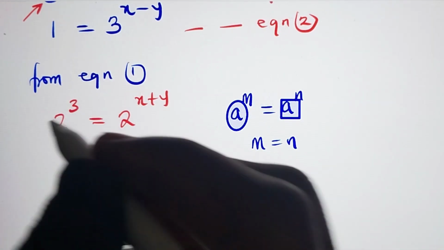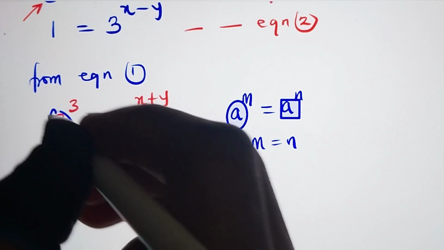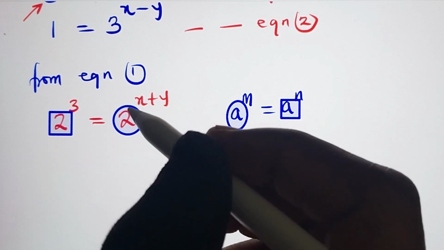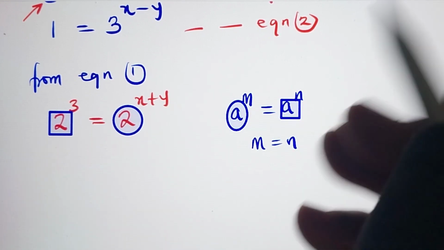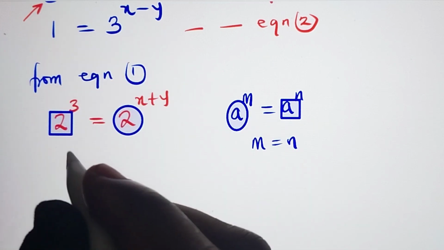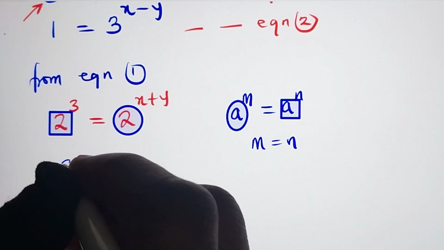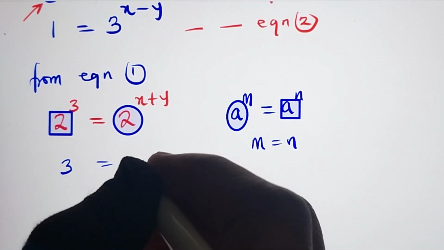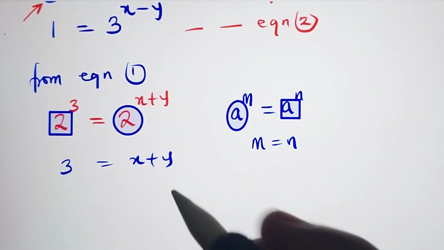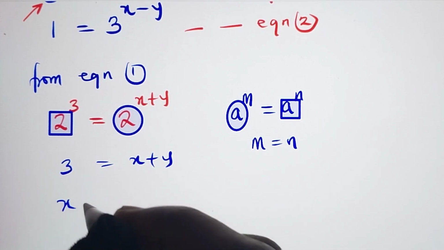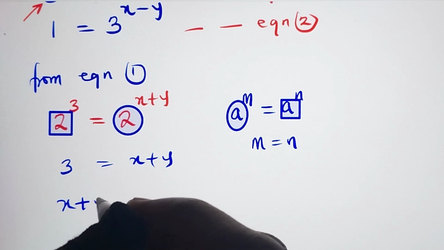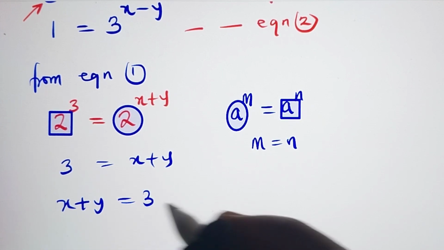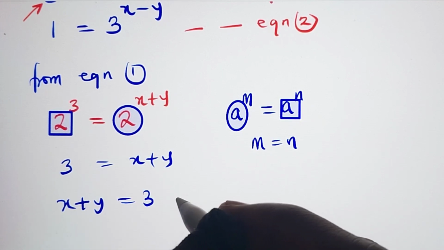With that in mind, we can see that 2 here is equal to 2 here, which means that the bases are the same, and we can then say that 3, according to that principle, is equal to x plus y. I can rewrite this as x plus y is equal to 3. Let's call this equation 3.